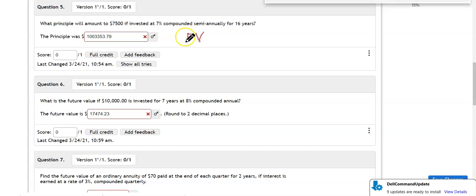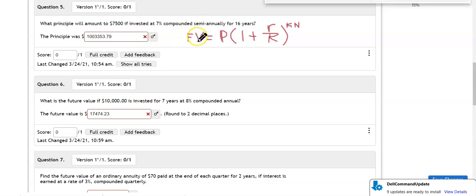So we have that our future value, which is $7,500, is equal to the principal times 1 plus our interest rate divided by, and I believe this book uses a K for the number of times compounded per year, raised to the K times N, and I think they use a capital N for the number of years.